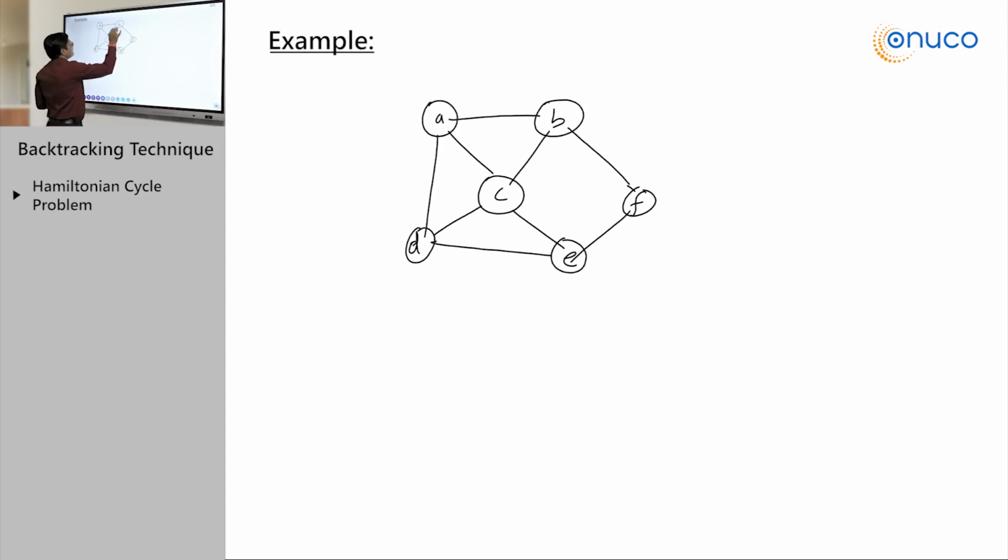Here we have 5 vertices and you are going to find the Hamiltonian cycle.